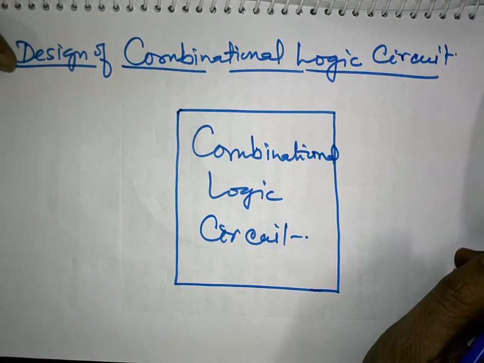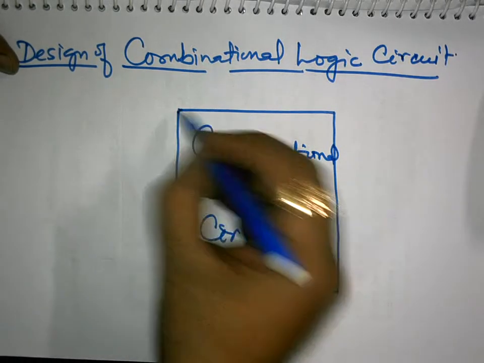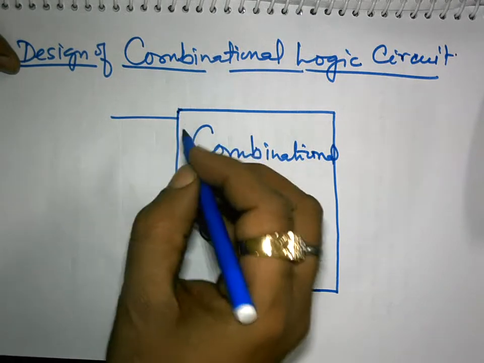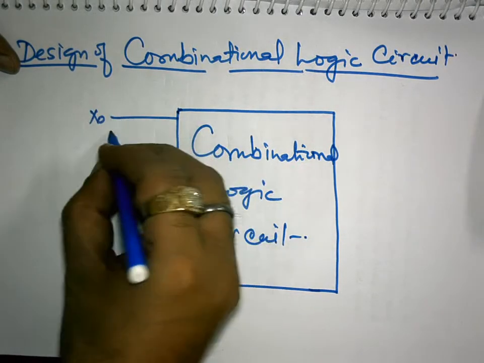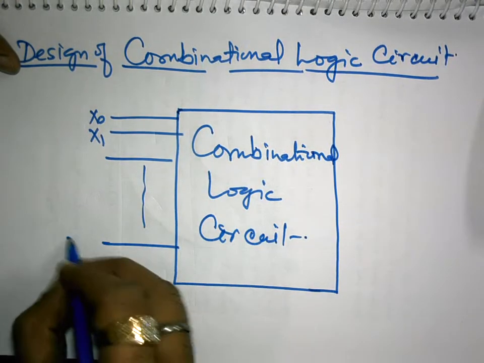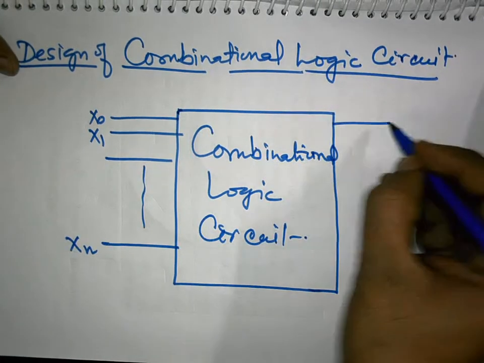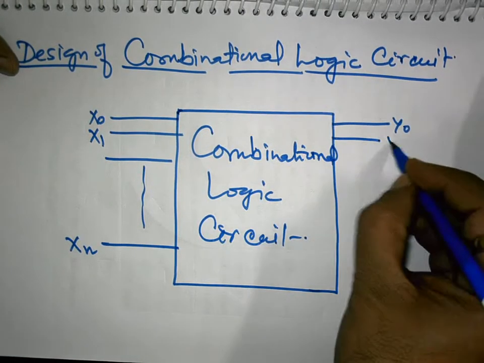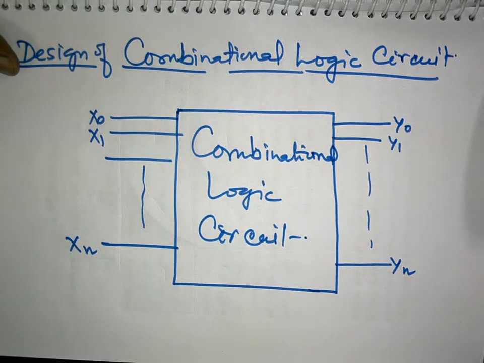Combinational logic circuit. Suppose we have a logical circuit which is made up of many inputs. Say there are many inputs x0, x1 up to xn, and there are many outputs also, y0, y1 up to yn.